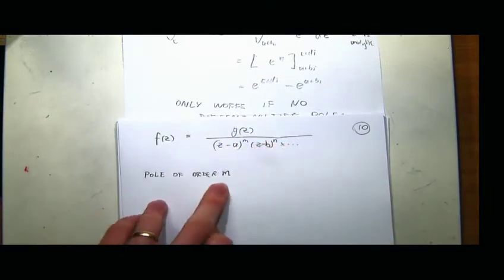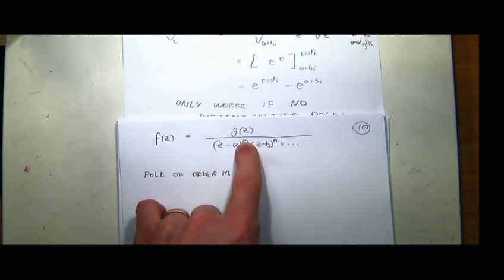my pole of order m, which is the one that has m here, okay, I'm going to find the part of the function that doesn't involve the z minus a. Okay, in essence, I'm going to multiply my function by z minus a to the m.